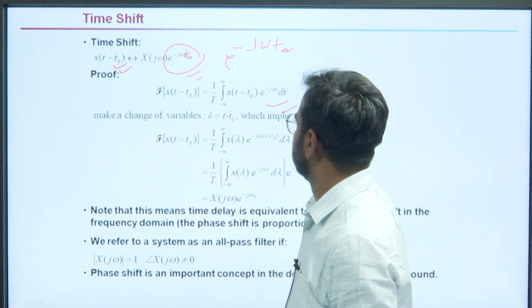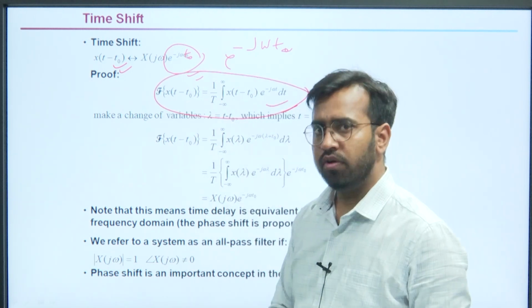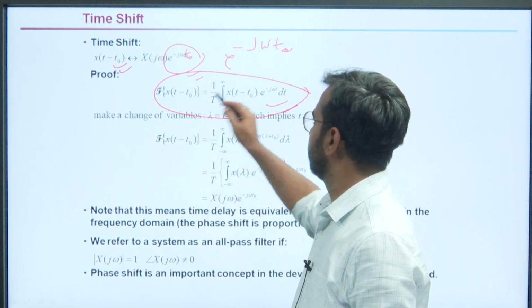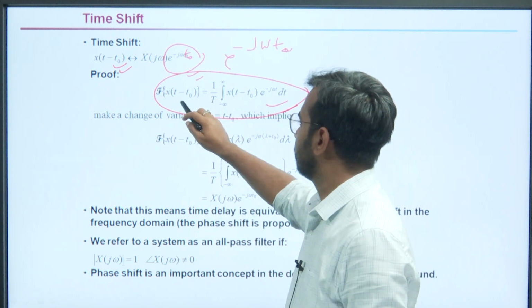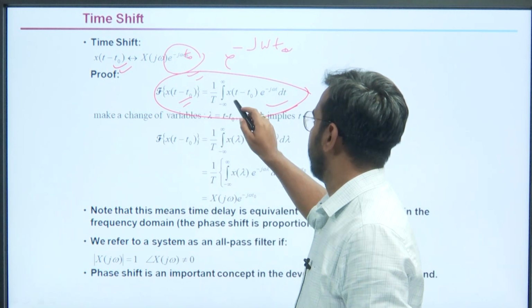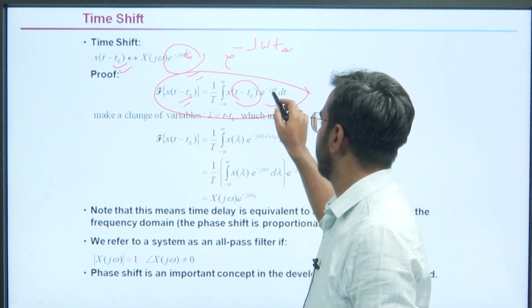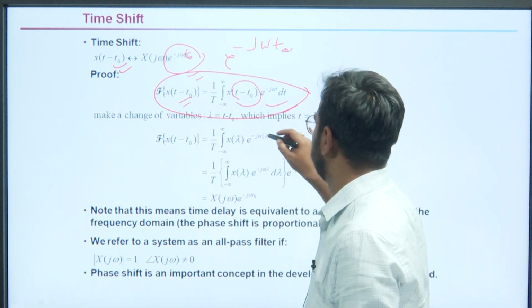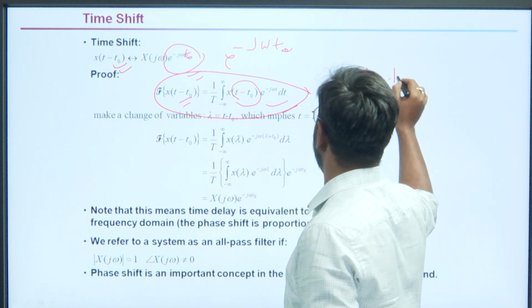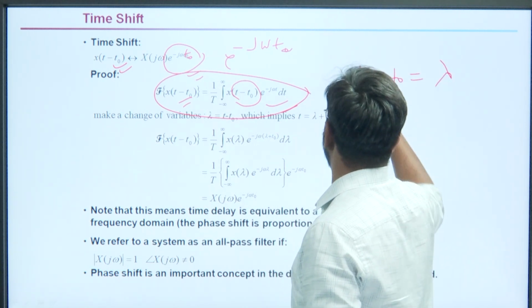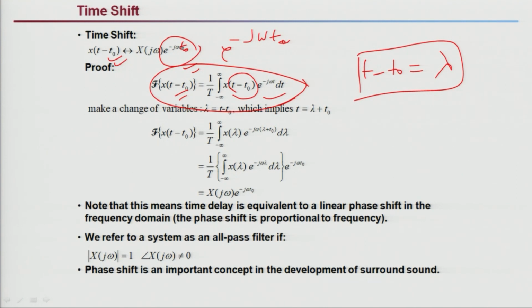So, how will we prove it? Suppose this was the given function, and the input is delayed, so it becomes x t minus t naught. We replace t minus t naught by some variable delta, so t becomes delta plus t naught.